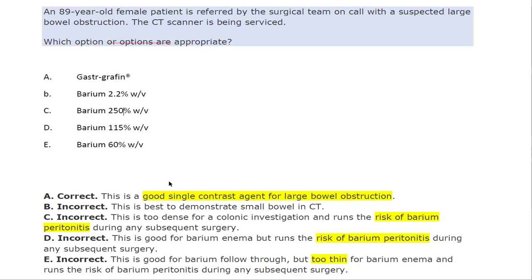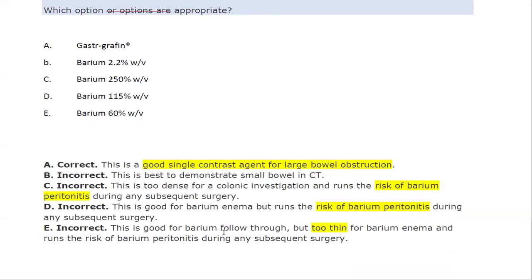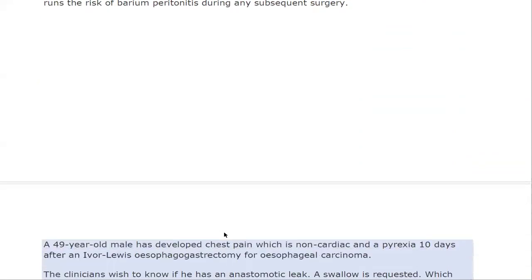If the patient is at risk of barium peritonitis, and is going to have surgery, it will be a big problem. With large bowel obstruction you are expecting the patient may go to the OR, so you are not going to do a barium study and complicate the situation for the surgeon. They all have a risk of peritonitis during surgery because of the leakage.